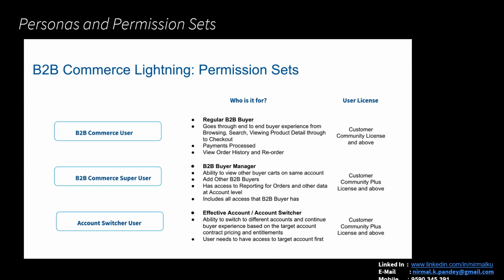Arthur creates some orders, and Ganesh also creates some orders, but they will not be able to see each other. But I want some buyer manager, let's say John, who wants to see both the carts of Ganesh and Arthur. How will we do that? By using this buyer manager. And the important thing is it's for the same account. You can't have it across accounts.